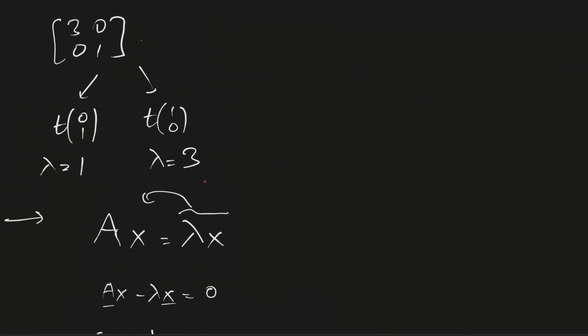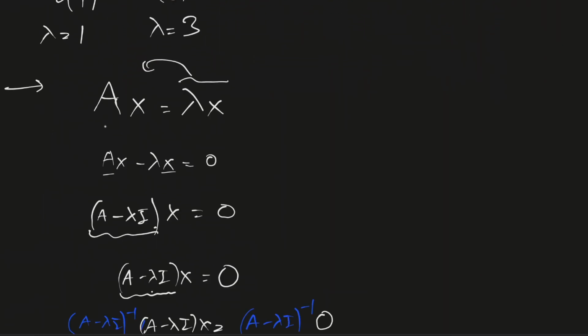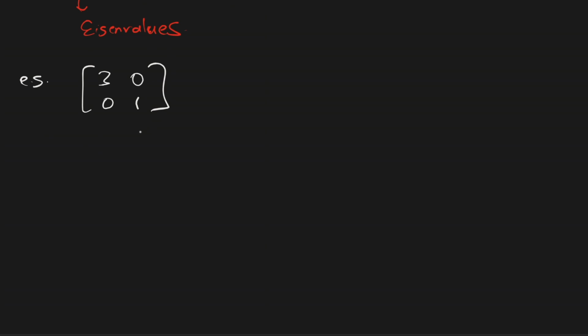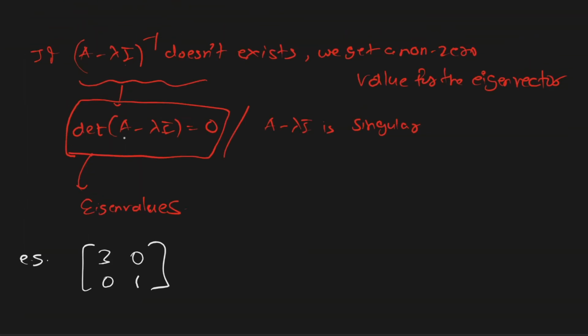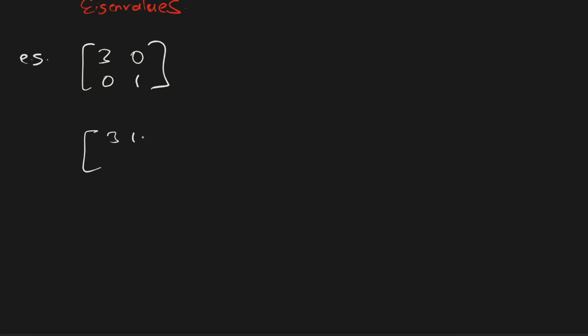As an example, I'll consider the same horizontal stretch, scale factor 3 matrix, which is [3 0; 0 1]. For this, I'll firstly create the A minus lambda I matrix. My A matrix is my transformation matrix, [3 0; 0 1], minus lambda times the 2 cross 2 identity, which is [1 0; 0 1].